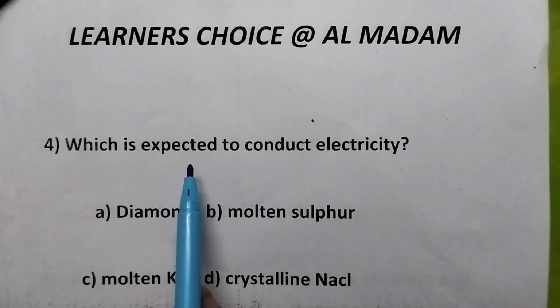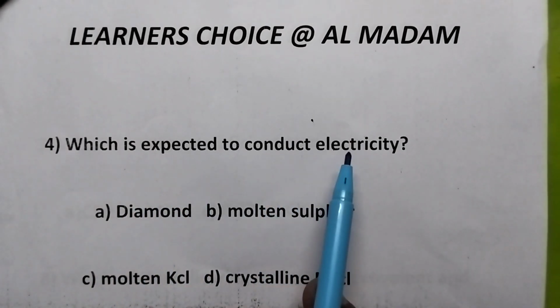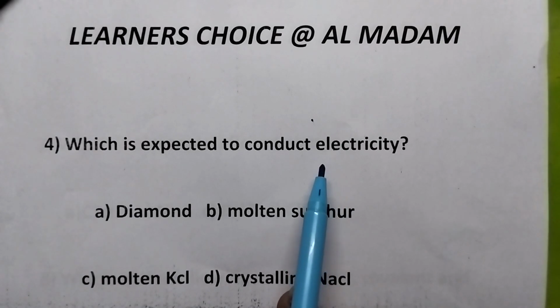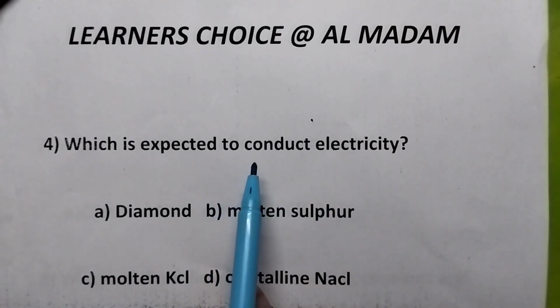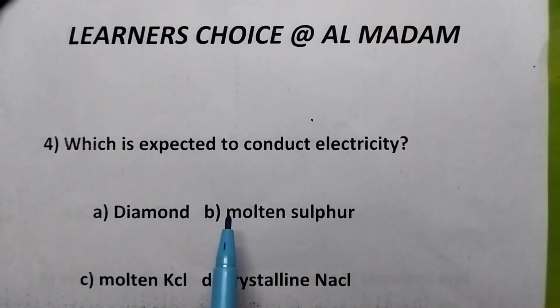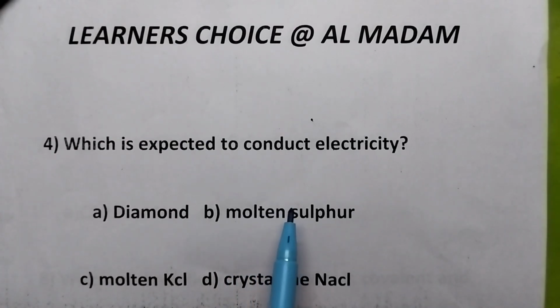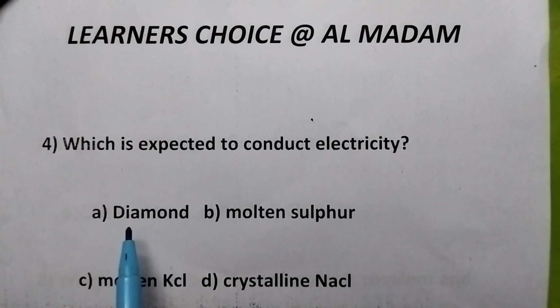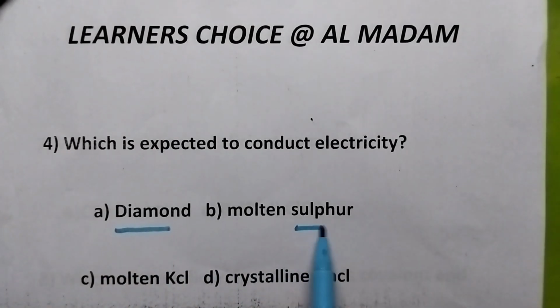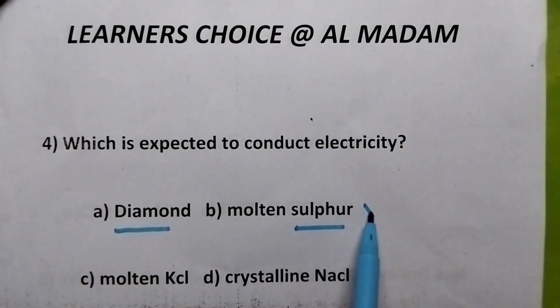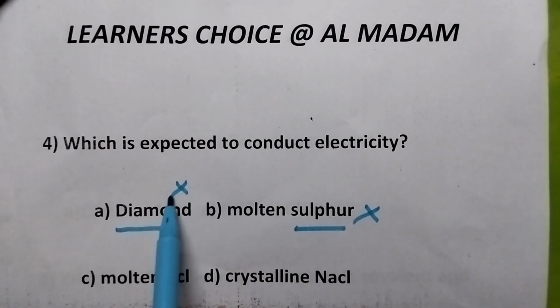Which is expected to conduct electricity? Between ionic compounds and covalent compounds, ionic compounds are good conductors of electricity in the molten state. In the given four options, diamond and sulfur contain covalent bonds, so they do not conduct electricity.